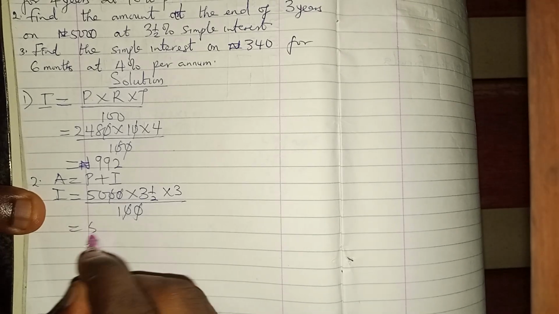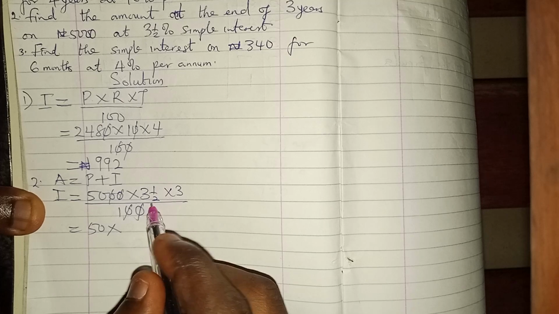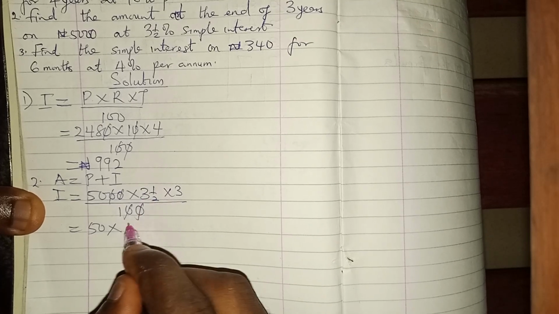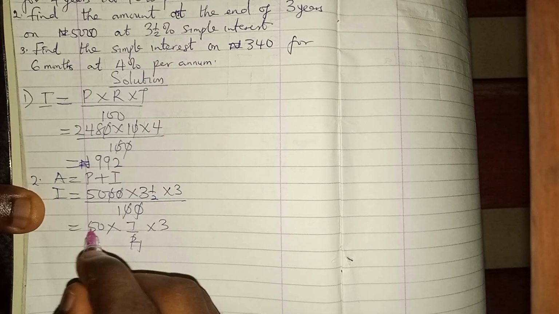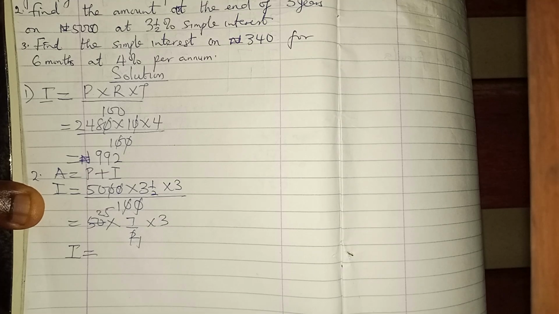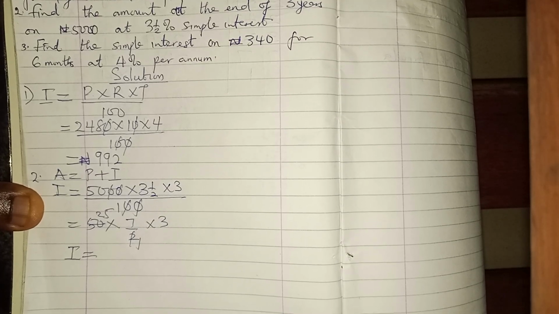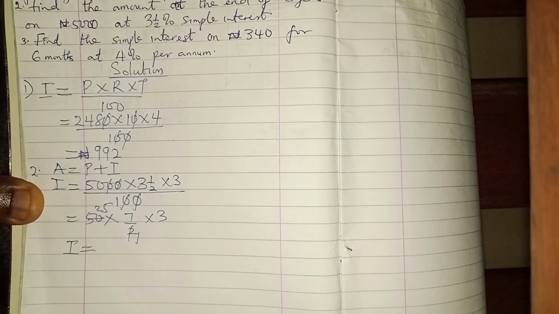So we have 50 times 3.5. If I change this to an improper fraction, 2 times 3 is 6 plus 1, that's 7 over 2, times 3. So 2 here 1, 2 here 25. So the interest will give me 25 times 7 times 3, which is equal to 525.